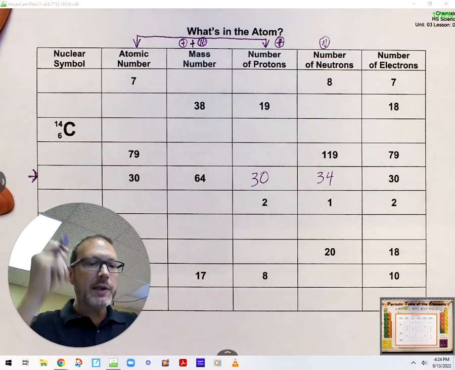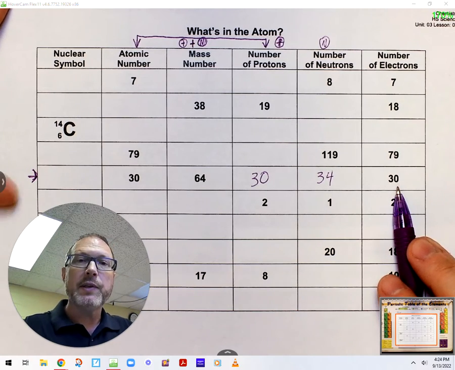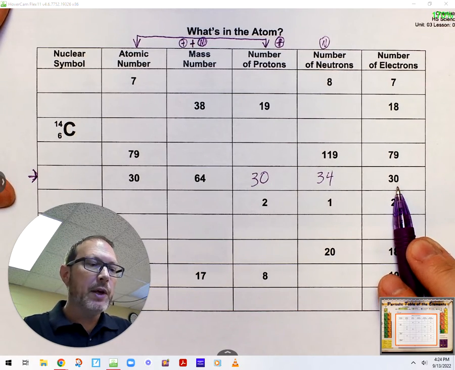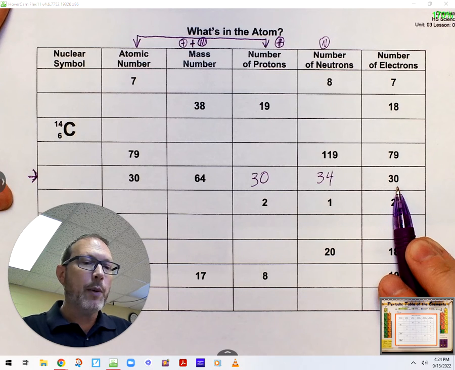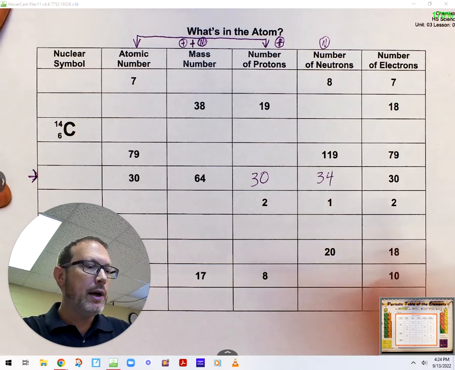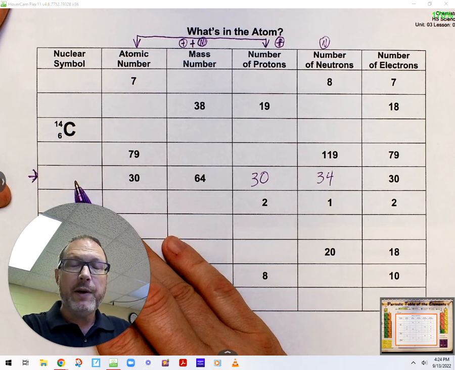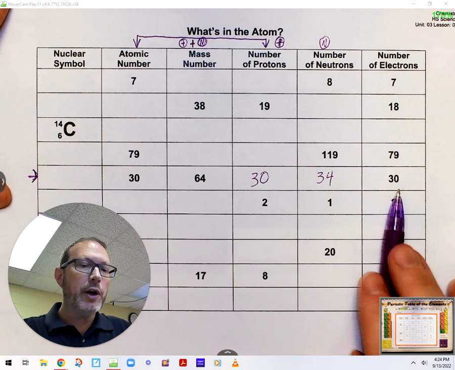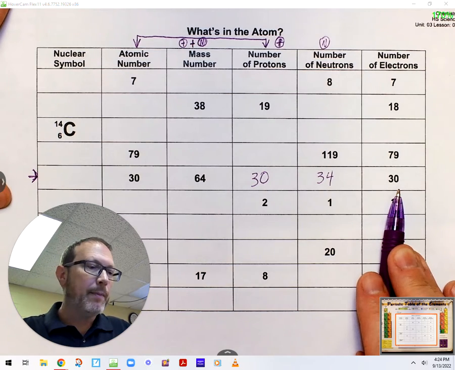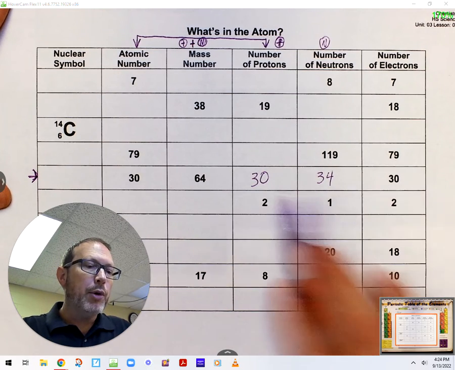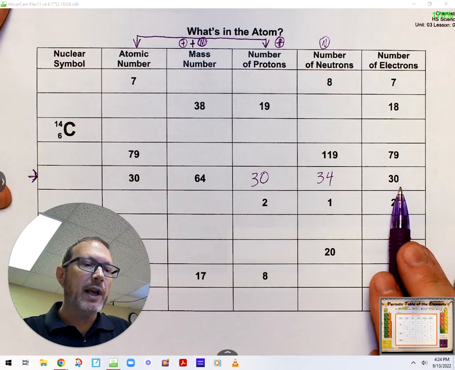Now it tells me in this one that my number of electrons is also 30. So that's another important thing I want to check, because in my nuclear symbol, if there is a charge that's something besides 0, then I'm going to get the charge by taking protons minus electrons.